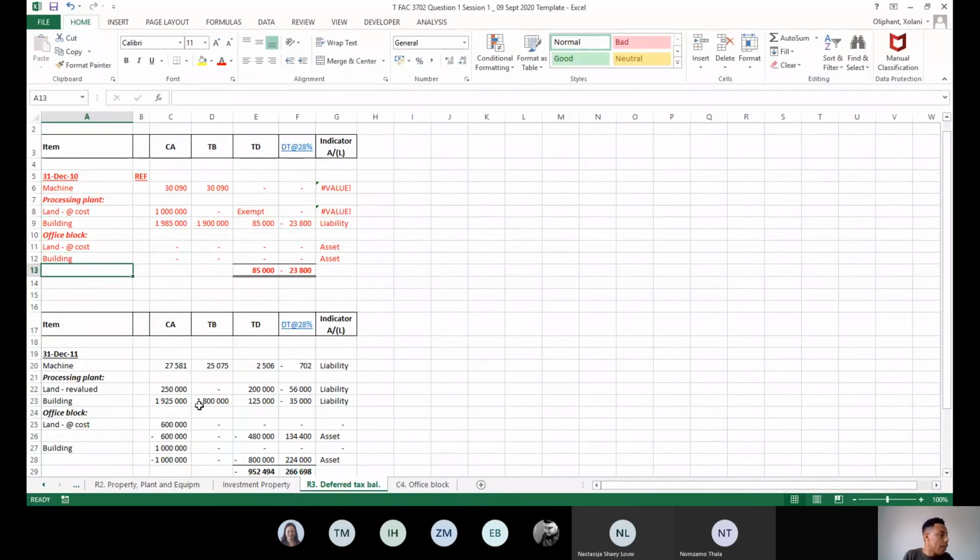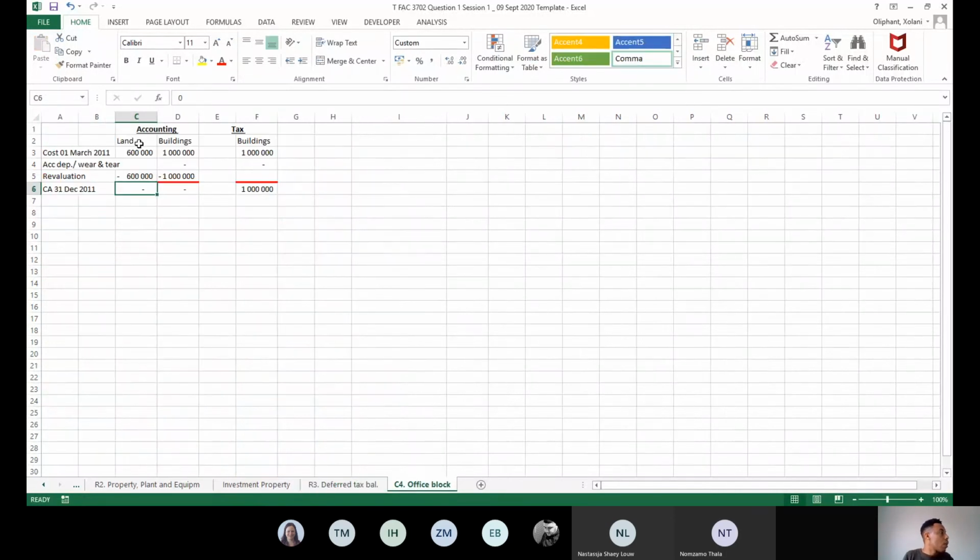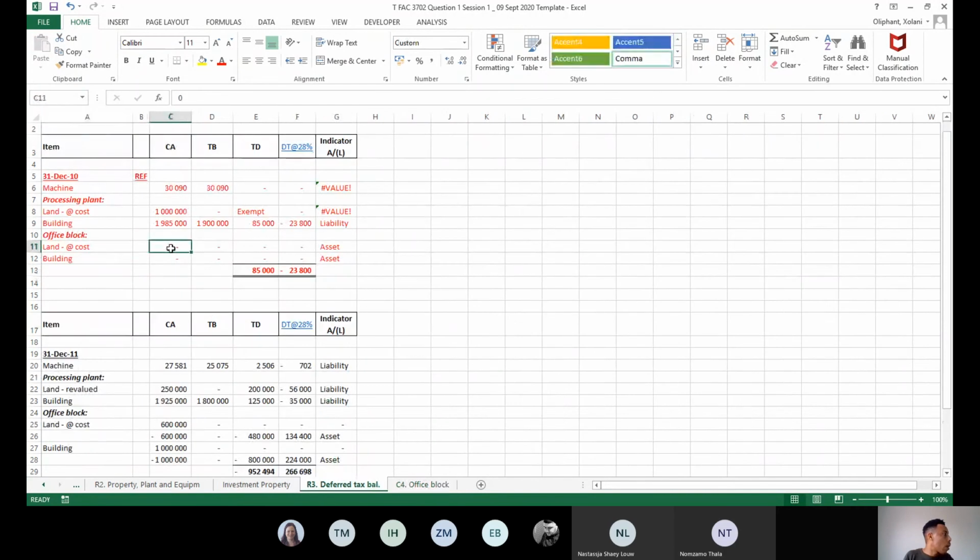Building. Fine. Now the cost was 600,000 for land. Land was okay, but then remember, in here it would be nil, because we only bought this property in the current year.